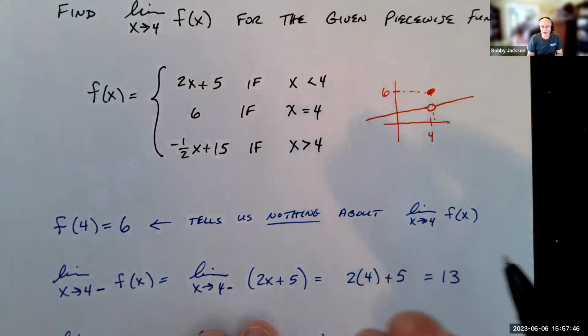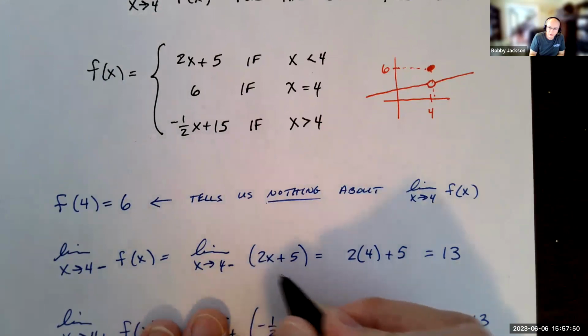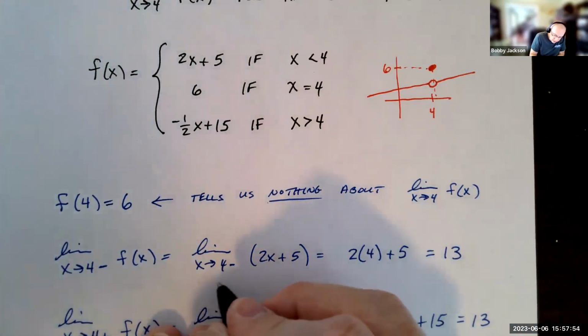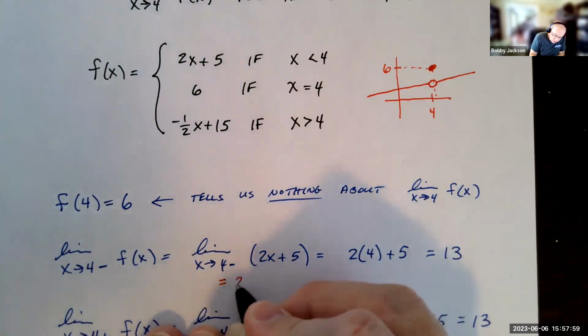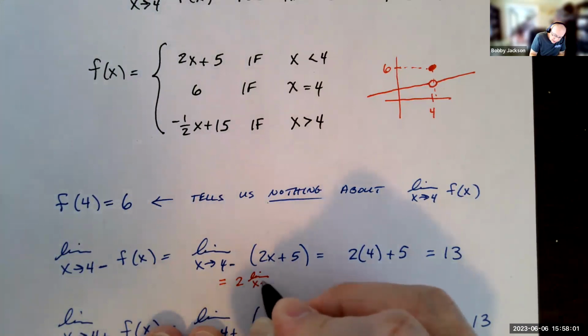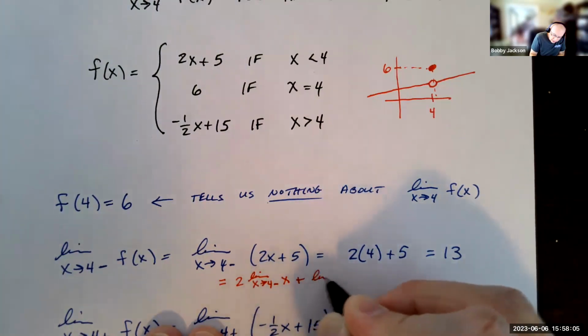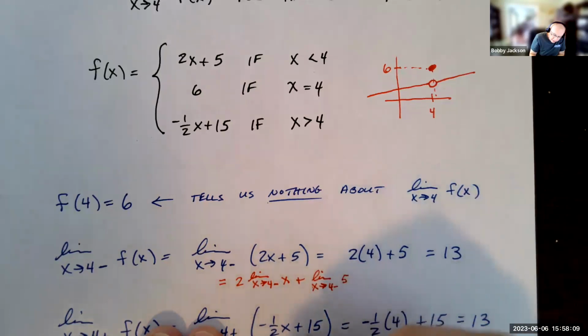We actually talk about continuity in the next section, so I should emphasize that we're really using the basic limit laws. So let's keep it that way instead of talking about continuity. In other words, this would be equal to 2 times the limit as x approaches 4 from the negative side of x plus the limit as x approaches 4 from the negative side of 5, right?